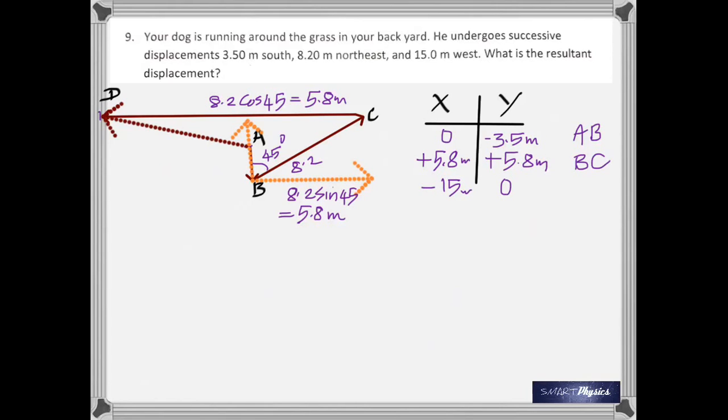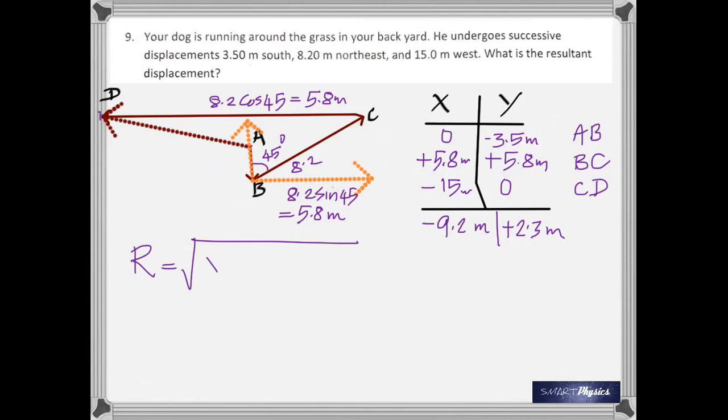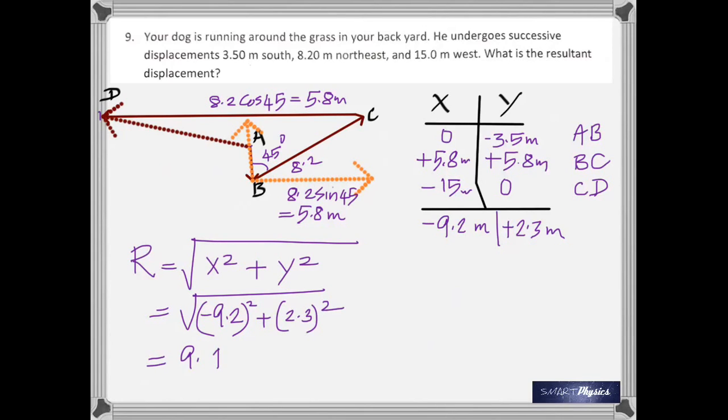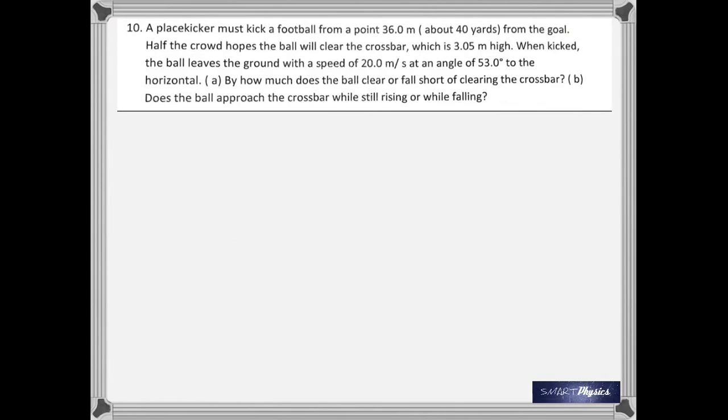And for CD, it's negative 15 meter, and along the y, it's 0. Now add them up individually. X is negative 9.2, y is positive 2.3, and to find the resultant, square root x squared plus y squared. Okay, so square both those numbers and take the square root. Gives 9.48 meter.